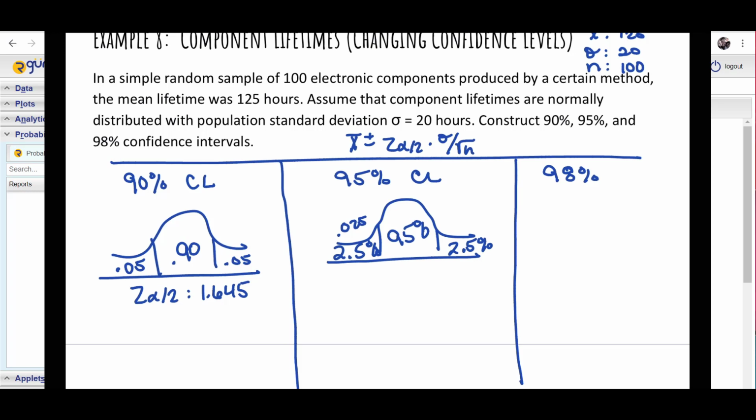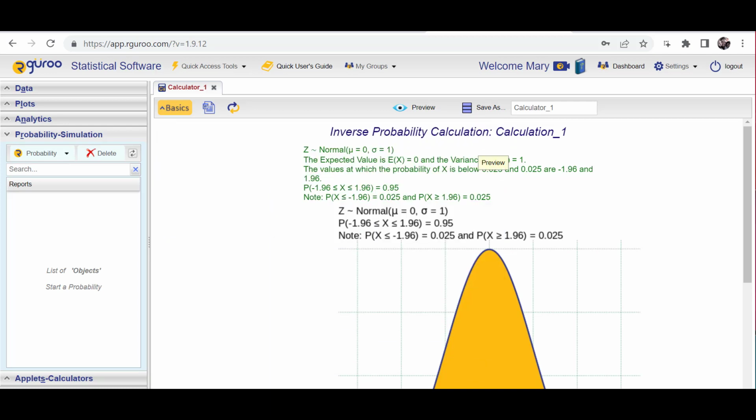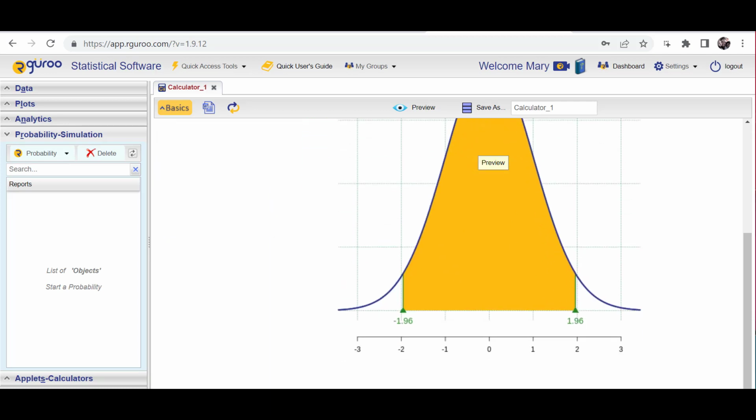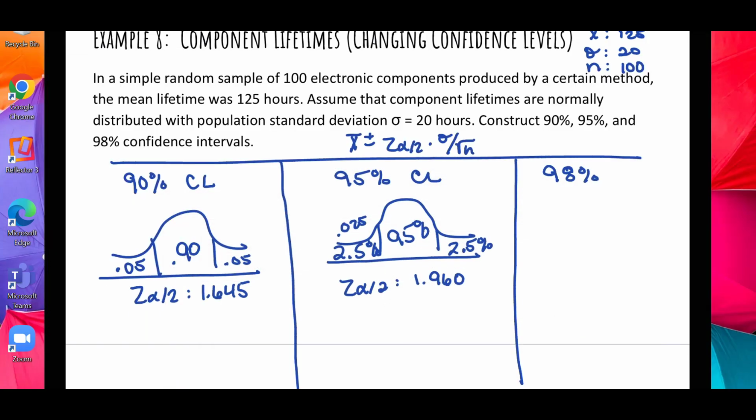So if we did this, we're going to put in 0.025 on each side, and we get 1.960, which is approximately 2, which lines up with the empirical rule. Right? Because if you recall, 95% of the data is within 2 standard deviations of the mean. So it's approximately 2 standard deviations, and we get that approximation from 1.960 standard deviations above and below the mean.